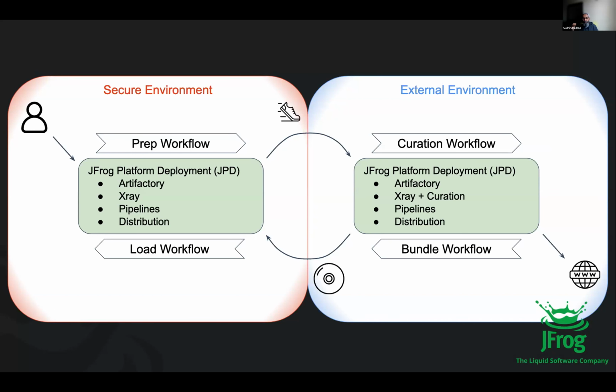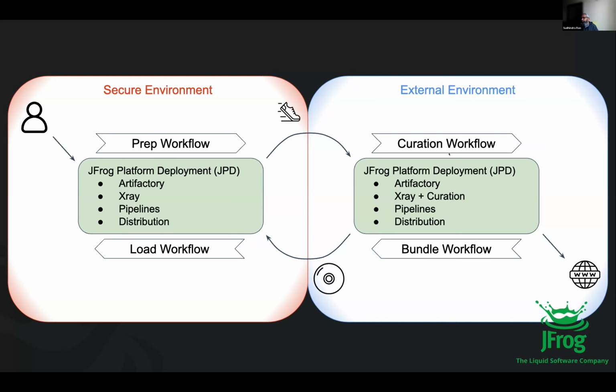And when the developer requests a piece of software, there are 4 different workflows that get kicked in. And one is the prepare workflow, where the request to prepare what software needs to be downloaded and curated is done.